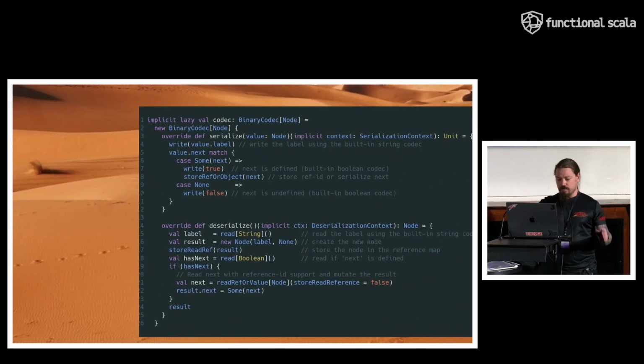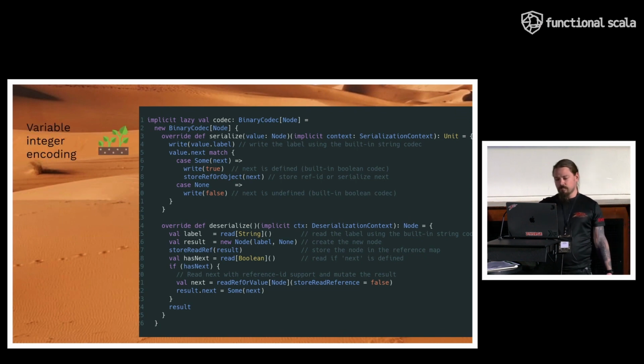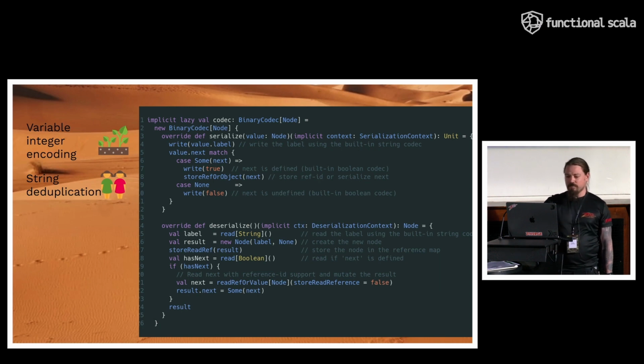And when you are going to that level, there are some features that you can take advantage of. It provides variable integer encoding, which is nice for creating very concise encodings. String deduplication, although that is something that is a bit dangerous if you want to keep forward and backward compatibility, but it's there and used internally as well.